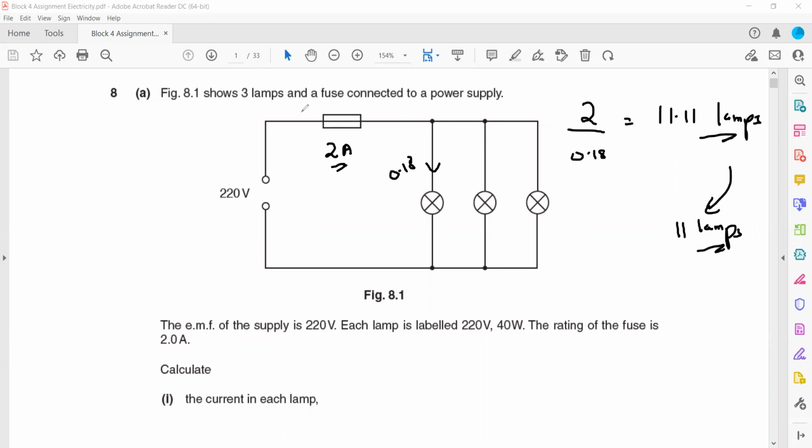So 1.98 will not blow the fuse, because the fuse can allow a maximum of 2 ampere. But if we connect the 12th lamp, 12 multiplied by 0.18 is 2.16, which is higher than 2, so the fuse will blow. So by dividing the total current by the current in each lamp, we can identify the number of lamps which can be connected to a circuit.